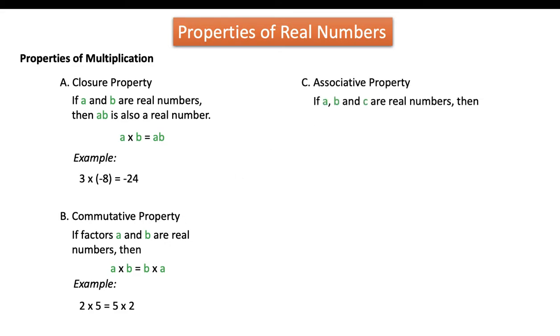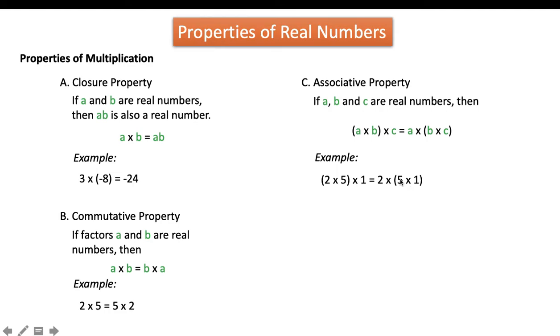Multiplication also has the associative property. If a, b, and c are real numbers, then quantity a times b, times c, is just the same as a times quantity b times c. For example, we have given 2, 5, 1, and on the other side 2, 5, 1, but the groupings are different. We will start with 2 times 5, and that is 10, multiplied by 1, that is still 10.